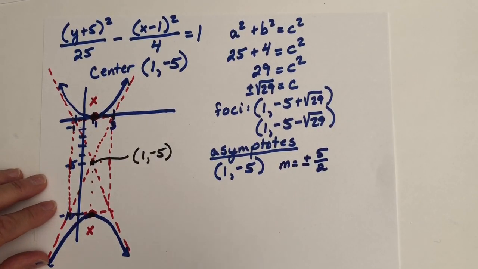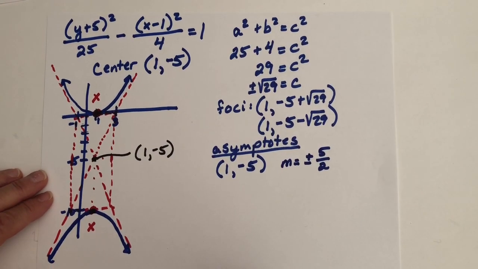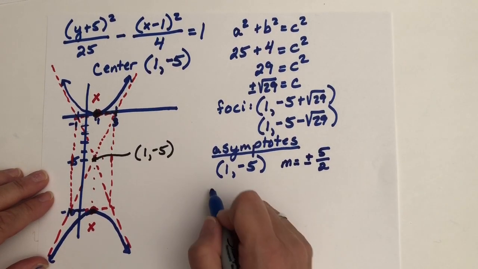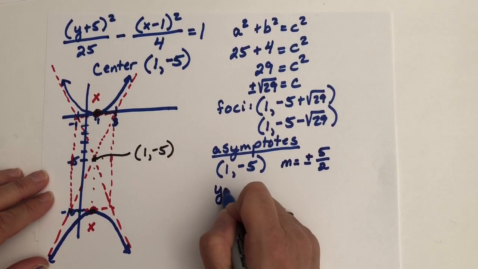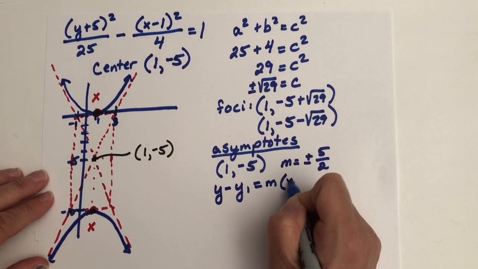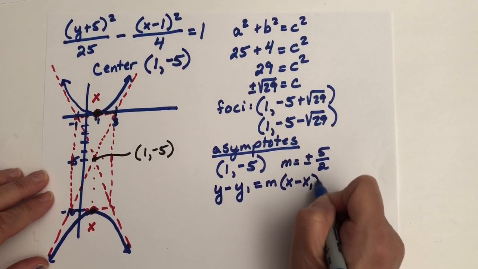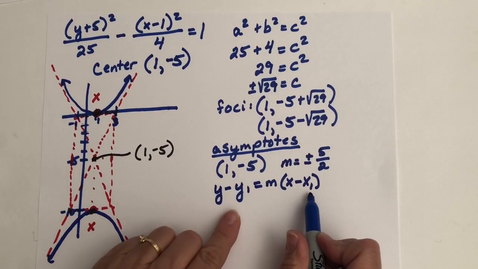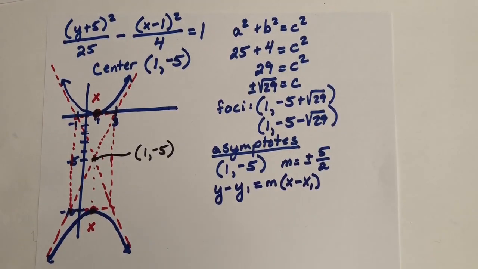So remember how to write the equation of a line if you know a point and a slope. You can just use your point-slope form. Let me write out that formula for you in case you haven't used it for a while. It's y minus y1 equals m times x minus x1, where x1 and y1 are the point and m is the slope.